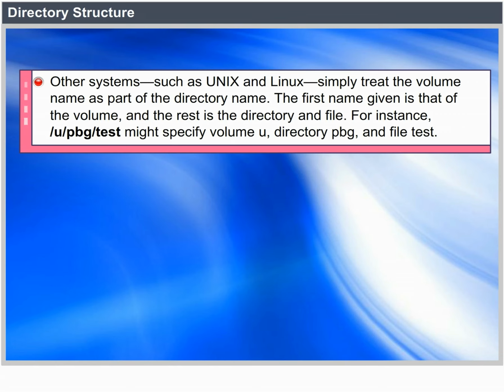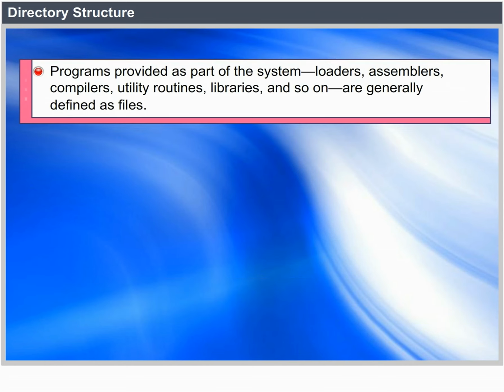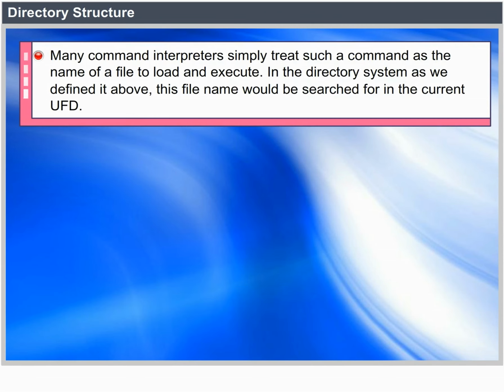A special instance of this situation occurs with the system files. Programs provided as part of the system, loaders, assemblers, compilers, utility routines, libraries, and so on, are generally defined as files. When the appropriate commands are given to the operating system, these files are read by the loader and executed. Many command interpreters simply treat such a command as the name of a file to load and execute.